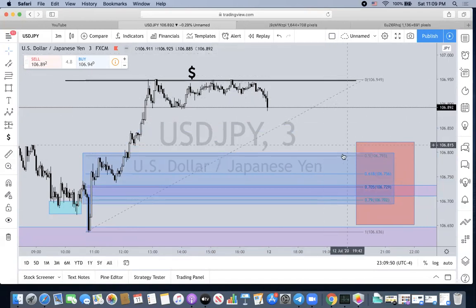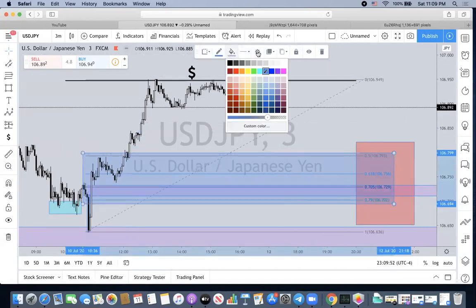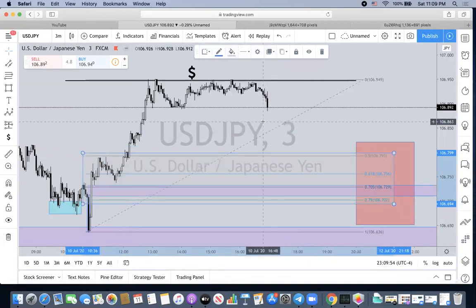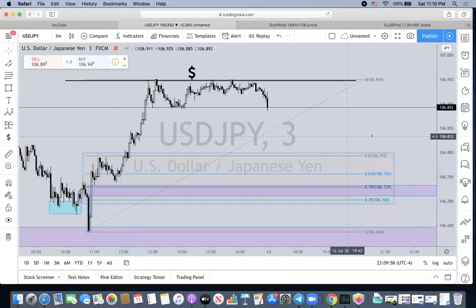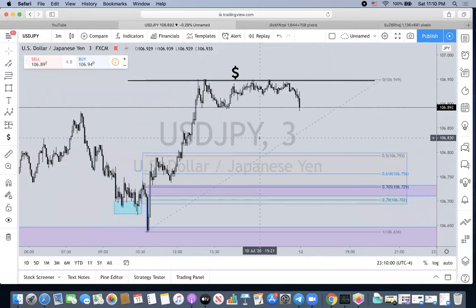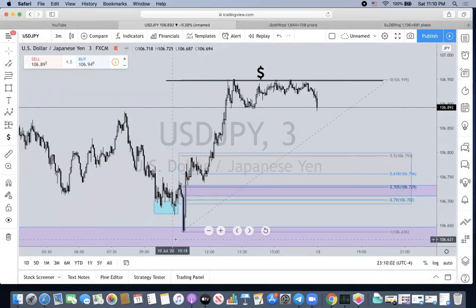Right? Possibly anything in here. Or, again, it sweeps the low, dips bigger into this imbalance, and runs. But, yeah, that's what I'm kind of looking at for UJ. Good looks. Cool. Perfect.